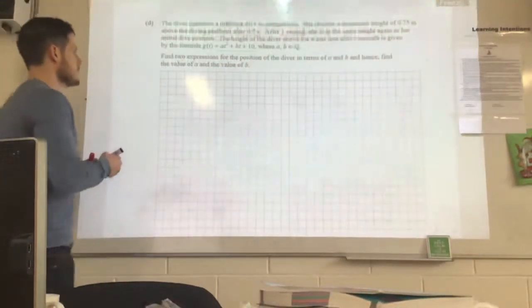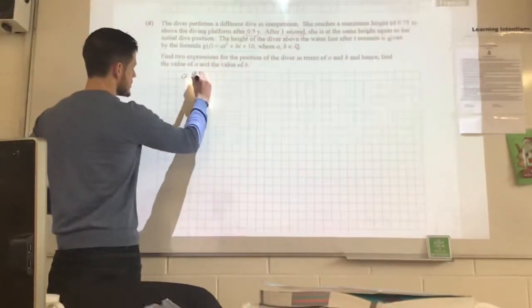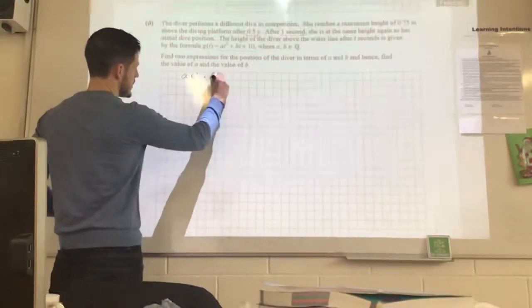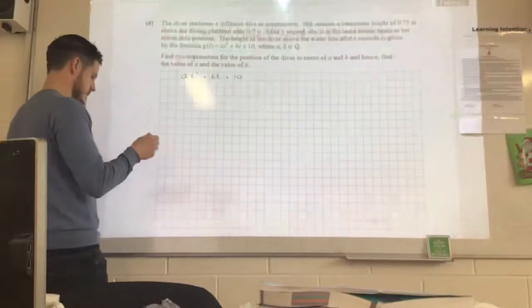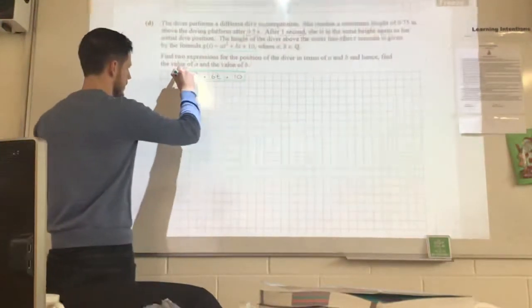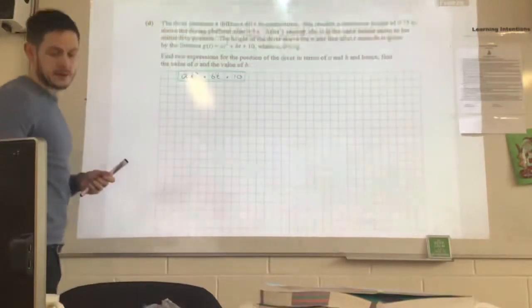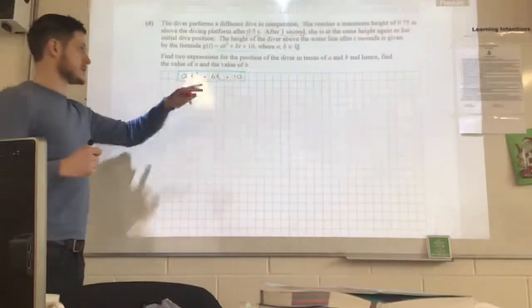So I'm just going to write down this here. at squared plus bt plus 10. So that's very important. That gives us the height of the diver after a specific amount of time.